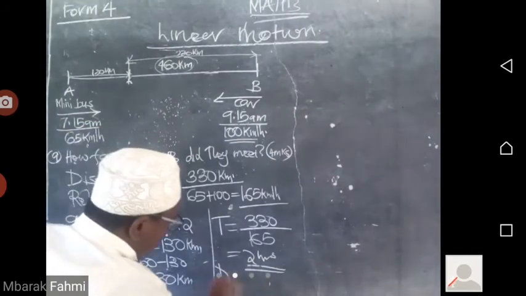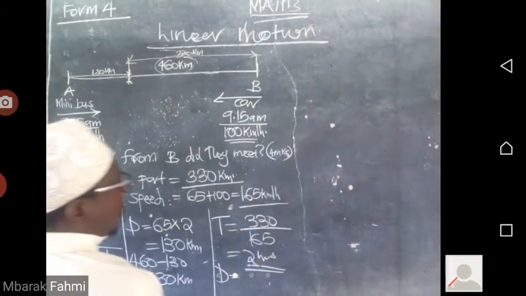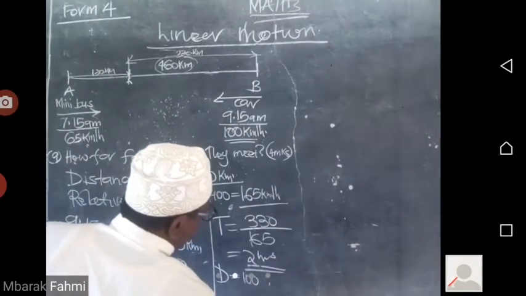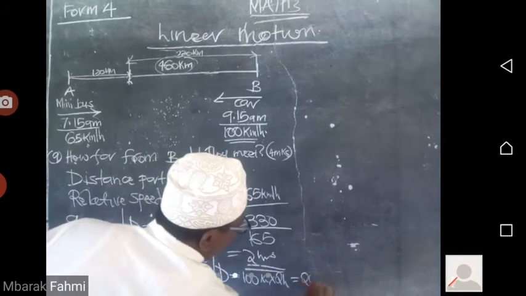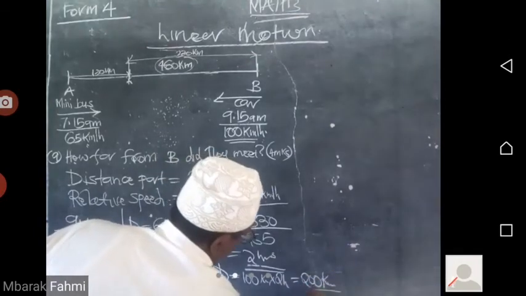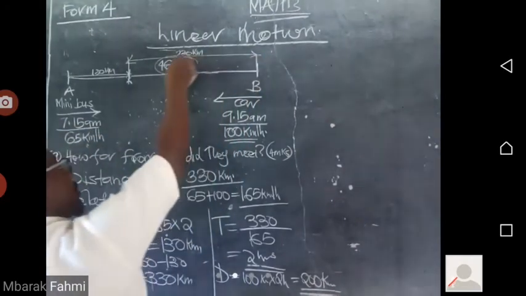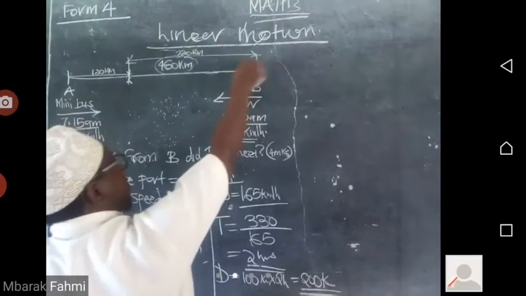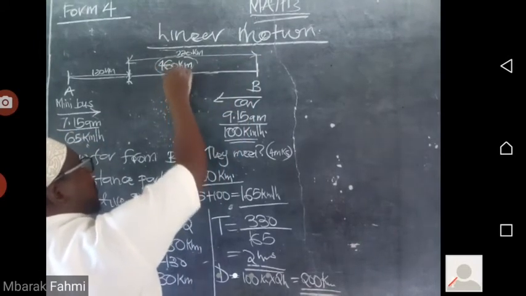Okay, so the distance covered by the car is speed 100 kilometers per hour times 2 hours, so it will be 200 kilometers. And since the car is moving towards this side, that will be the distance covered from B to where they will meet.